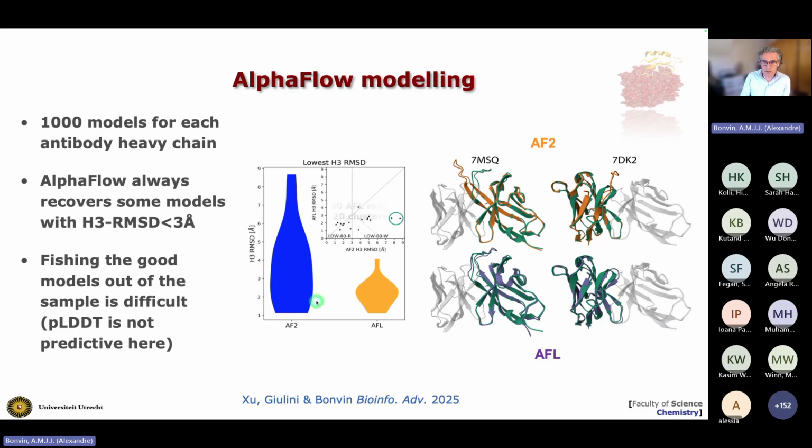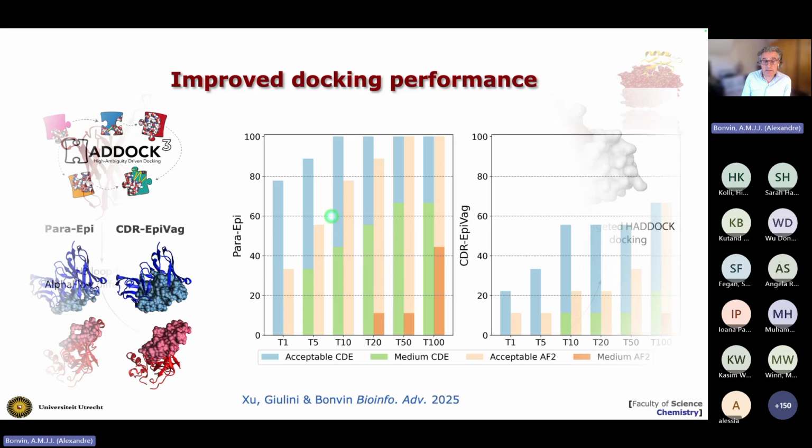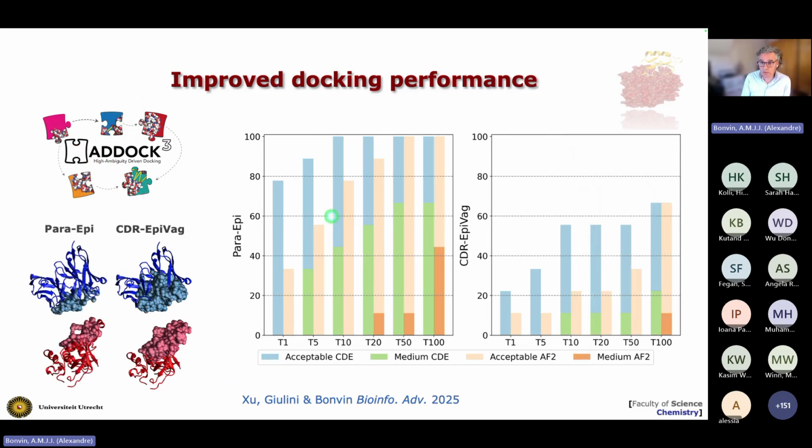So how are we going about modeling those? So we do this AlphaFlow sampling of the loops, and then we do clustering. We request 20 clusters, and we take one model, the centroid of the cluster, and we give those 20 models as an ensemble to HADDOCK to do our targeted docking. And if you do that, you can see that you can improve a lot.